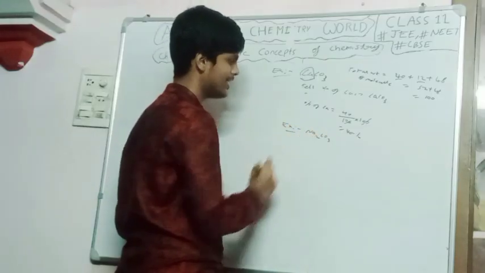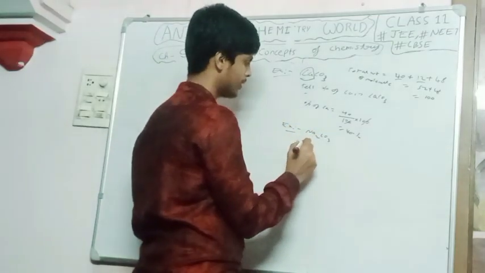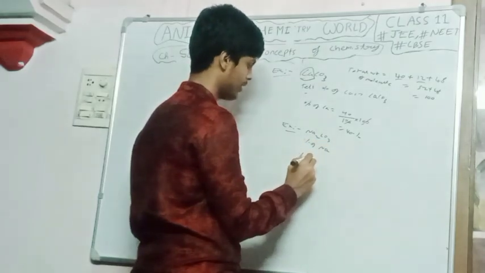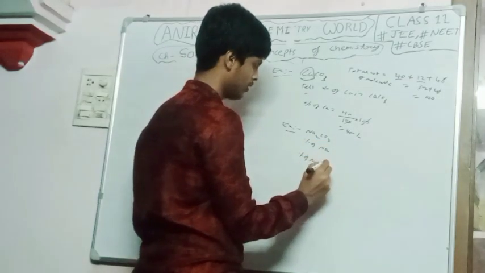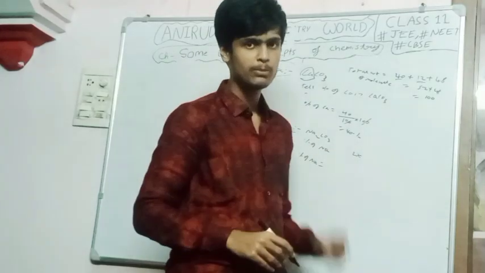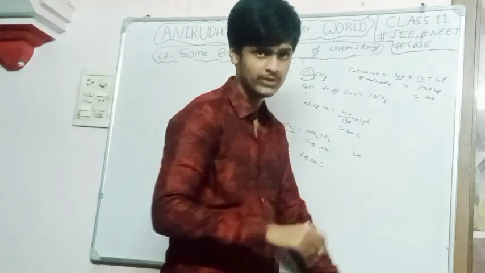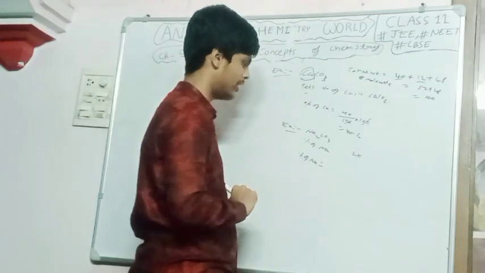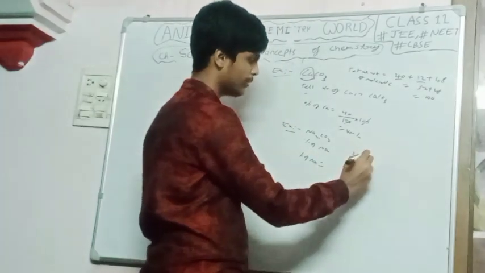If I ask, in sodium carbonate, how much percentage of sodium is there? Then percentage of sodium is equal to the mass of sodium by the total mass of the compound. The atomic number of sodium is 11, after neon. But the atomic mass is 23.